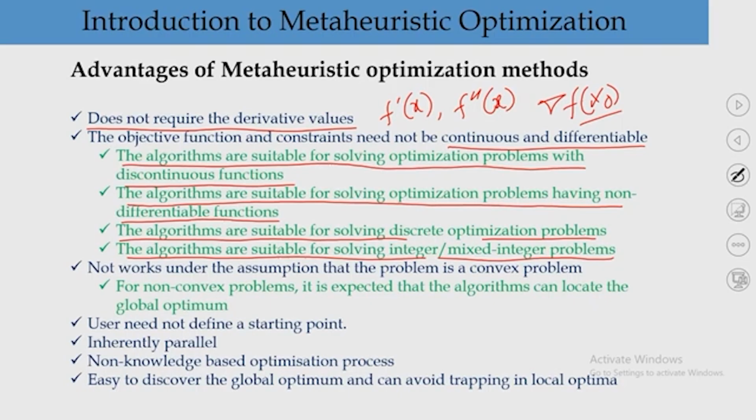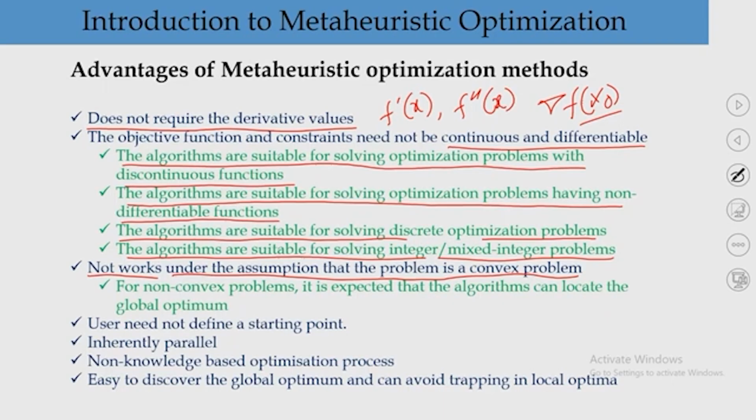Another advantage is that it does not work under the assumption that the problem is convex. I can apply this algorithm to non-convex functions. I also discussed earlier how to select an algorithm. Now you have classical algorithms and metaheuristic optimization methods.